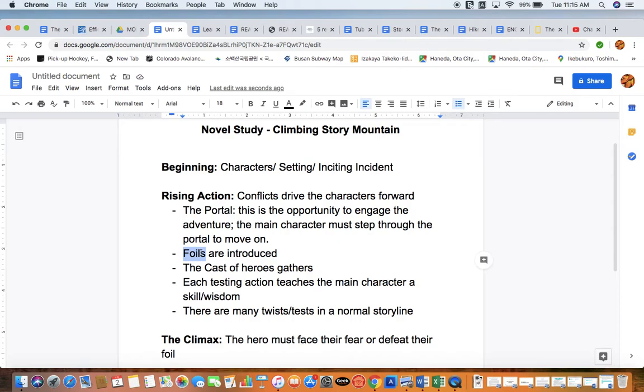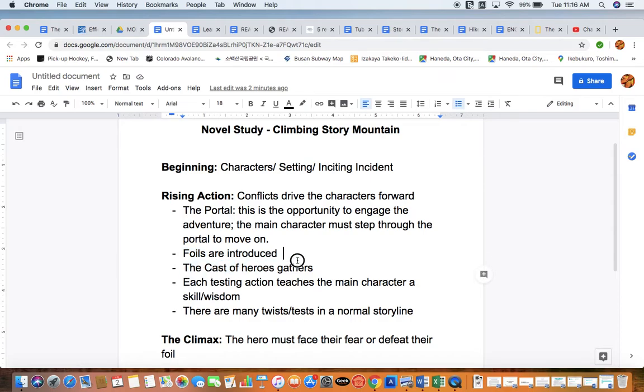They can even be friends to the character who challenge the character and teach the character something about themselves. So that's why we call them foils, because they're not just opposing forces. They're balancing forces or testing forces or mirroring forces that help us to understand and get a deeper look at the character that we're following through this adventure.